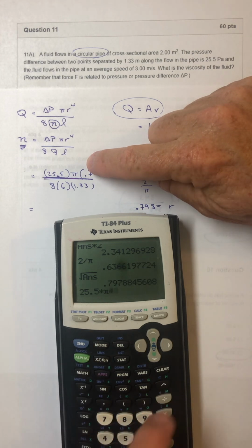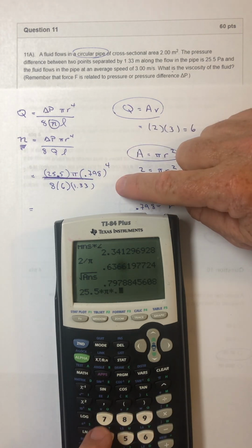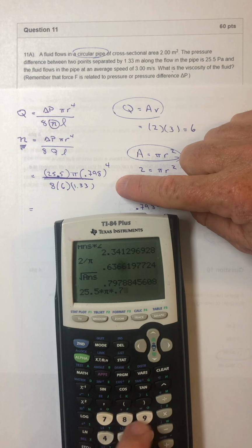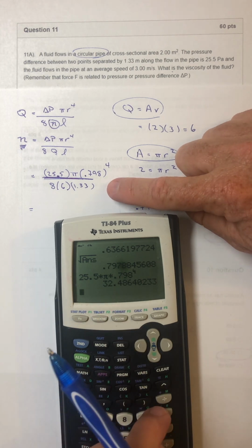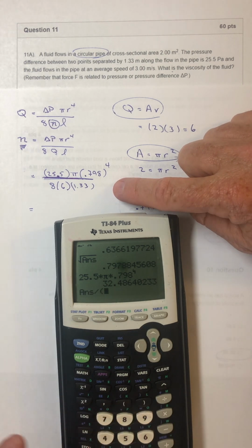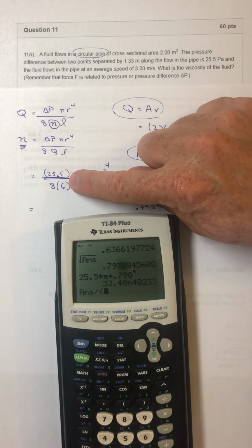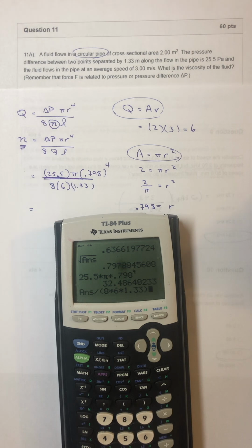I'll multiply that by pi. Then I'll multiply it by 0.798 raised to the power of 4. Maybe I'll just hit enter to get the numerator. Okay, so there's the numerator. Let me divide it by what's in the denominator, which is 8 times 6 times 1.33, close parentheses. Okay.